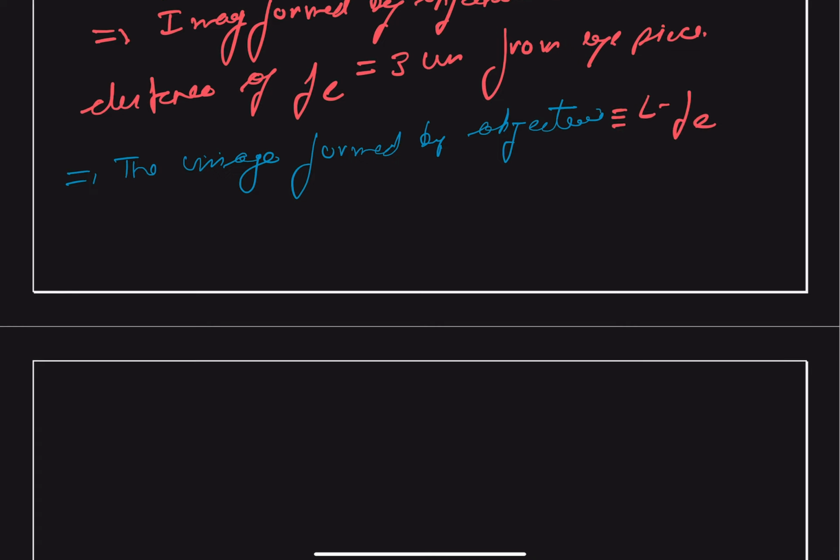So we substitute the values and this gives us 15 minus 3, which is our 12 centimeter, and this is from objective.